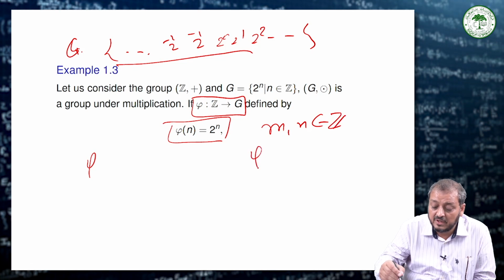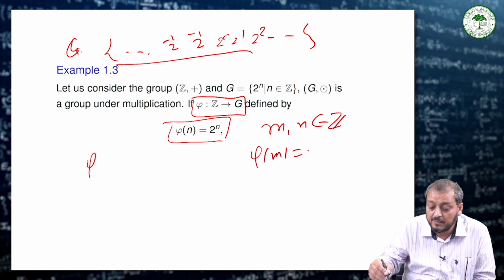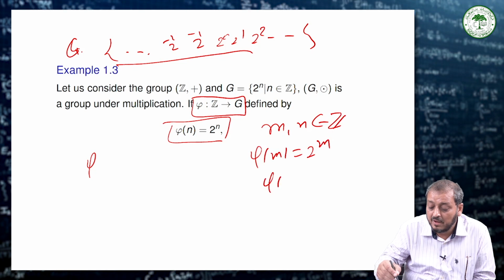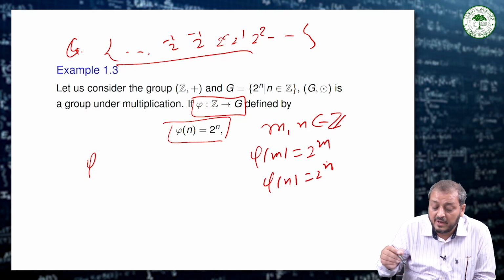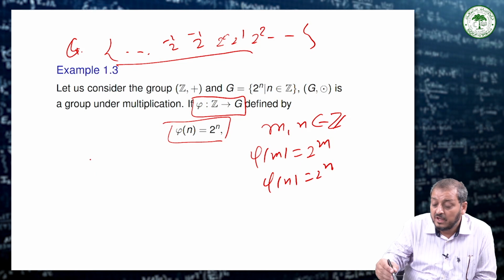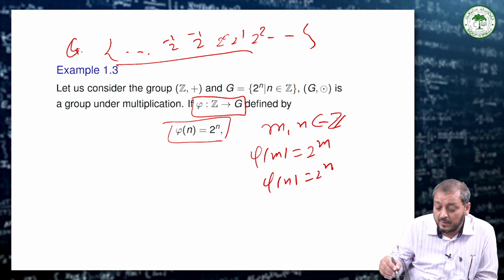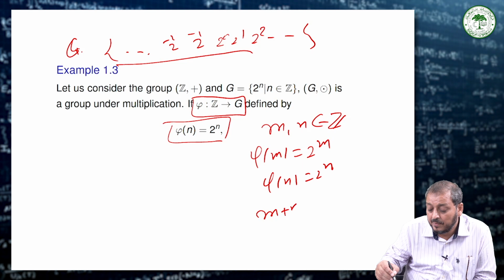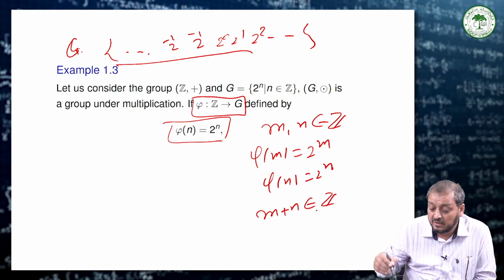By the mapping, phi of m is 2 to the power m, phi of n is 2 to the power n, and m plus n is also an element of Z.